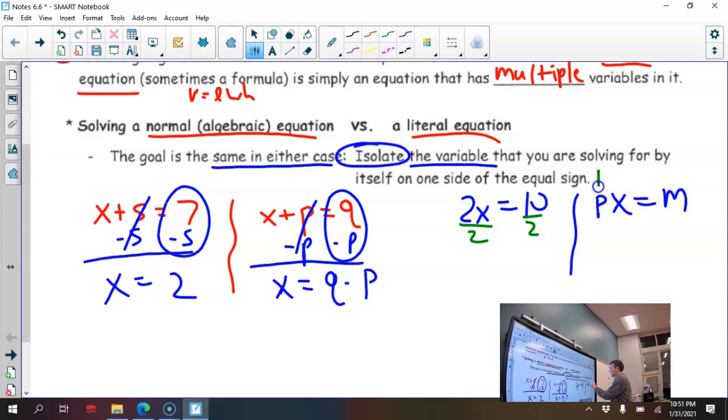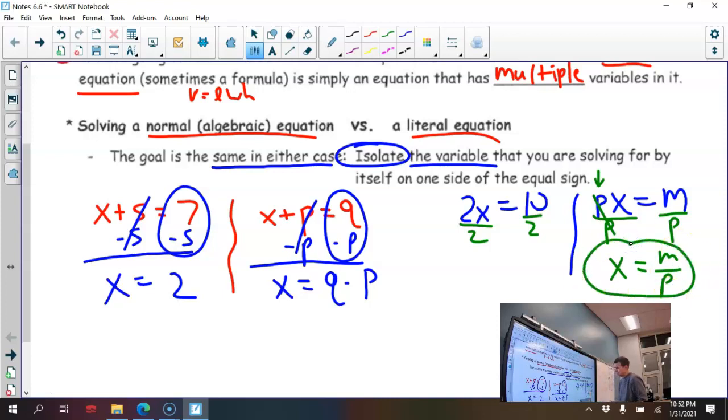Well, the same thing over here. If I want to get rid of the p, since the p is multiplied by the x, I do the opposite of multiplying. I divide by p. And p divided by p is 1. And I get 1x, or just x. There's my answer, right?